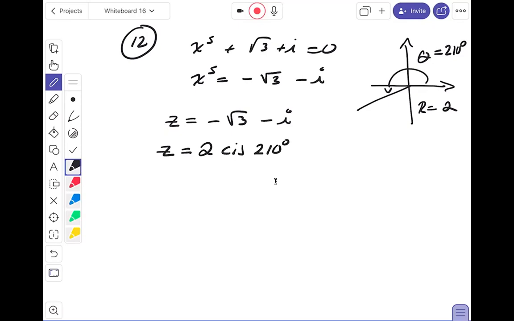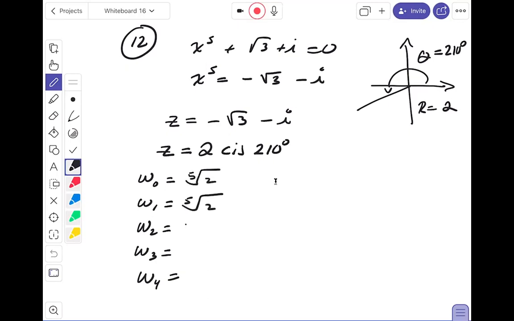Okay. Now what I'm going to do is write down the 5 roots. First one is W0, W1, W2, W3, W4. All right, so it's going to be 2 to the 1/5, or the 5th root of 2, for each one, times CIS, and we'll do the angle later.